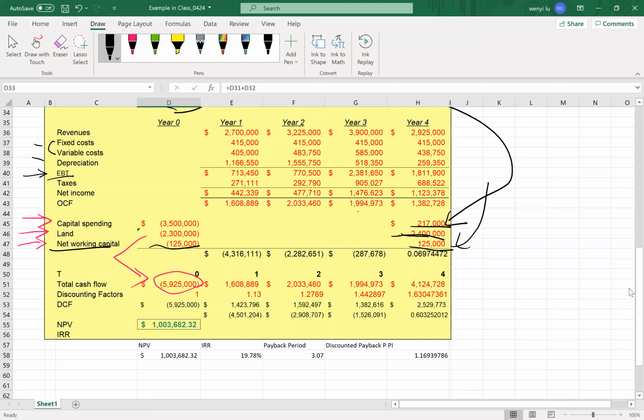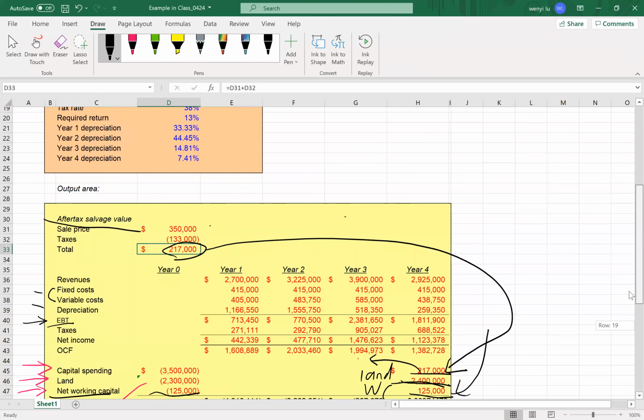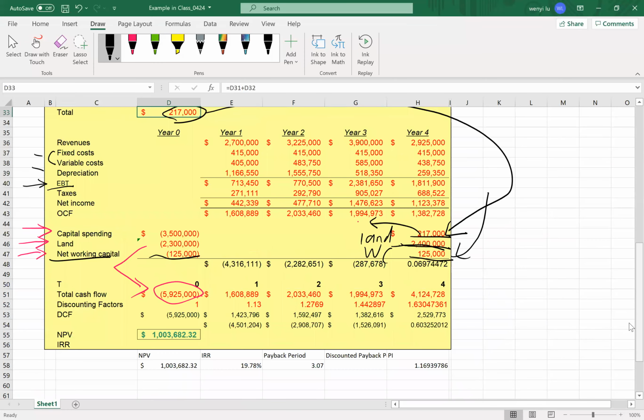So here's the land value you released, and this is the release of working capital, and this one is the after-tax salvage value of the fixed asset. The fixed asset here is for the purchase of equipment. So when you release this project, you can get some salvage value of the fixed asset, which you can still sell to the market.